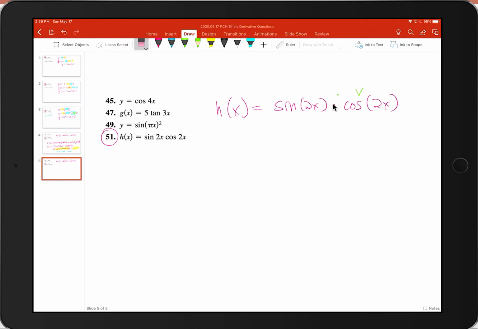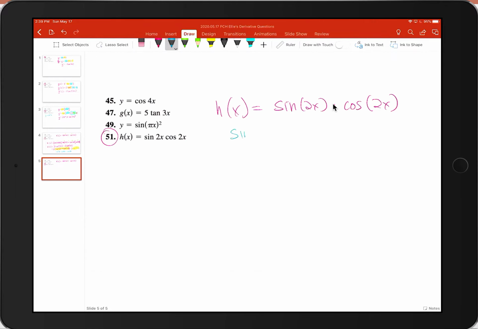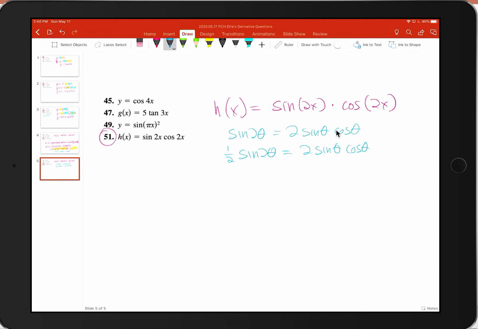What if instead of going straight to u times v, we had noticed, remember this trig identity, the one that says sine 2 theta is 2 sine theta cosine theta, which can be rewritten as 1/2 sine 2 theta is sine theta cosine theta. It doesn't matter what theta is. Theta can be 2x, theta can be anything, but if we have sine of something times cosine of something, oops, I meant to get rid of this 2 here, sorry.